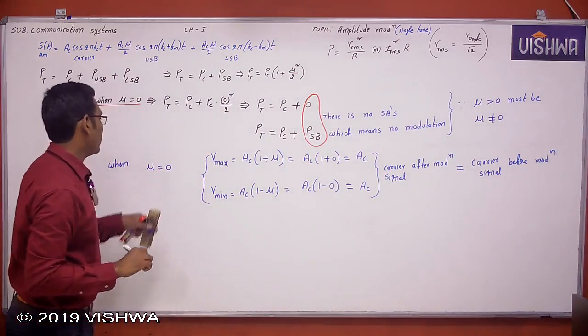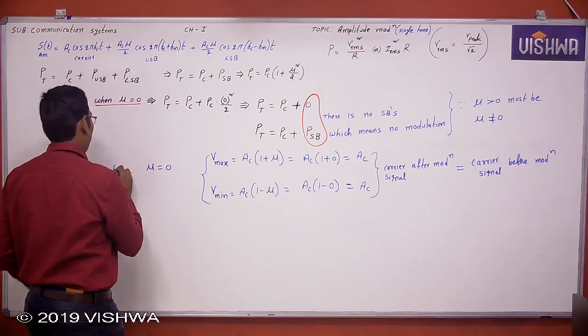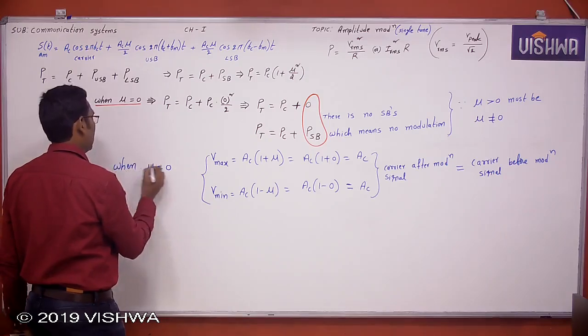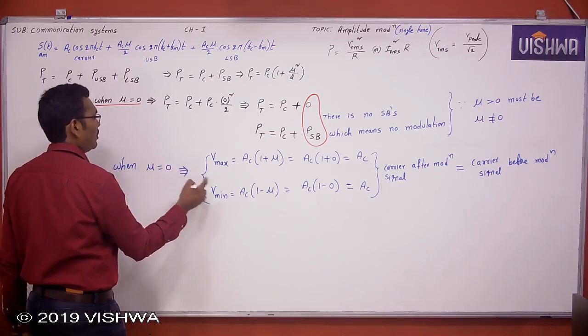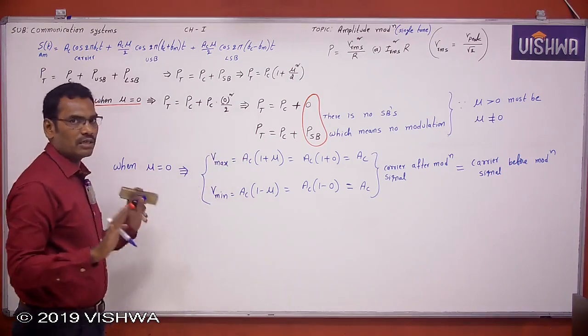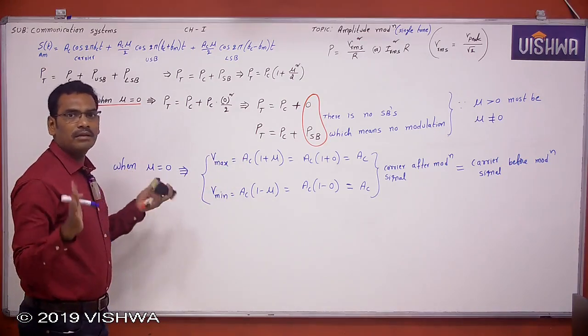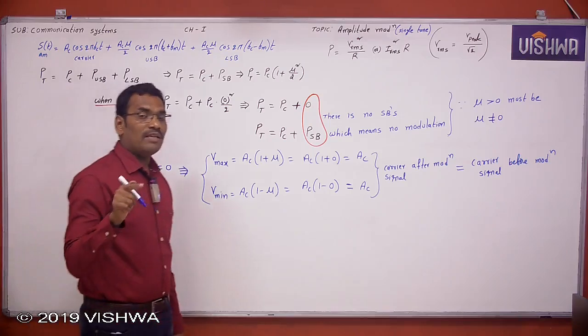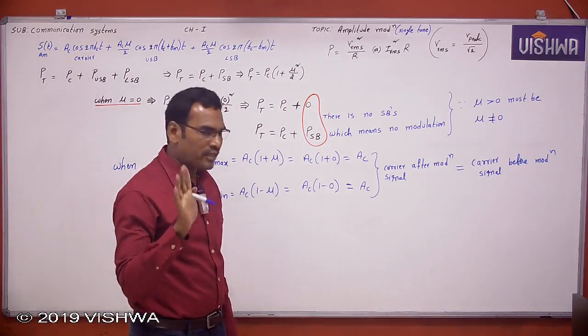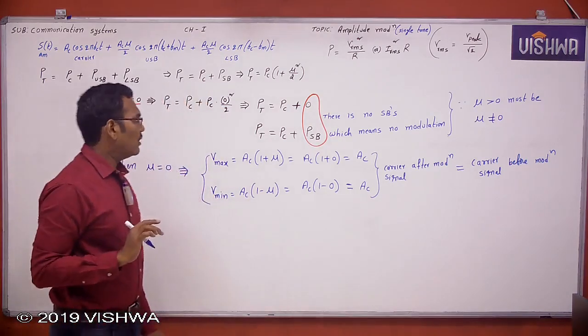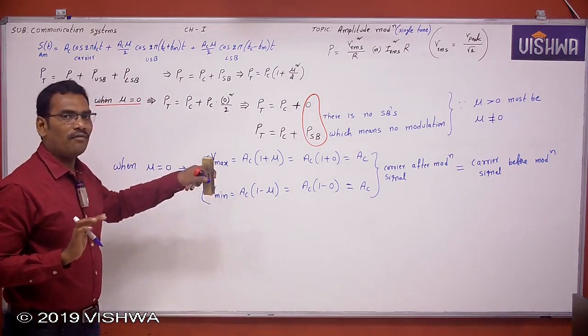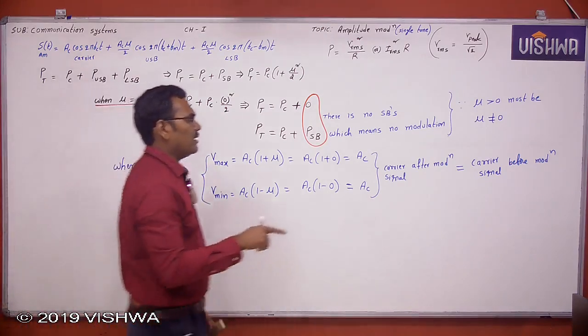Therefore, before modulation and after modulation, the carrier amplitude will be the same. There is no modulation. If any one of the carrier characteristic parameters is changing, only then is modulation done. Now, this is the reason why mu must be greater than 0.